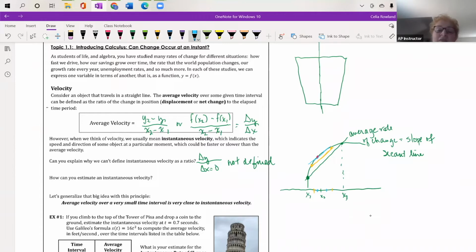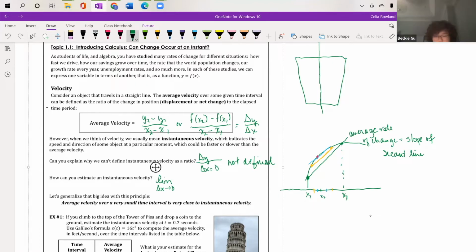the instantaneous velocity. And so I can come back in here and I can say instantaneous velocity is nothing more than the limit, as the delta x goes to 0, of, I was going to say f of x over delta x.